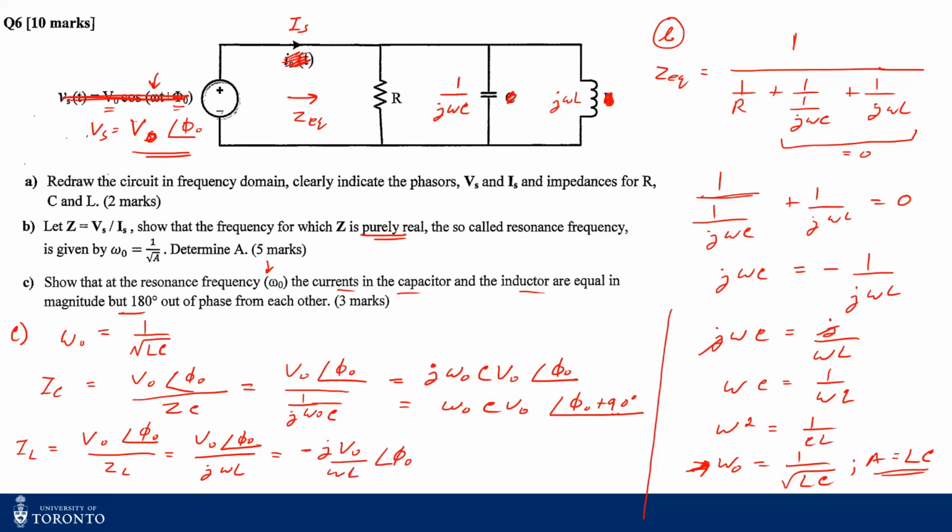So this basically means V naught by omega naught L, and because of this j, if I move it inside, I will have a 90-degree phase shift as before. Now because of this minus, I will have a 180-degree phase shift also. So now you see your IL has a phase shift of 180 degrees greater than IC.